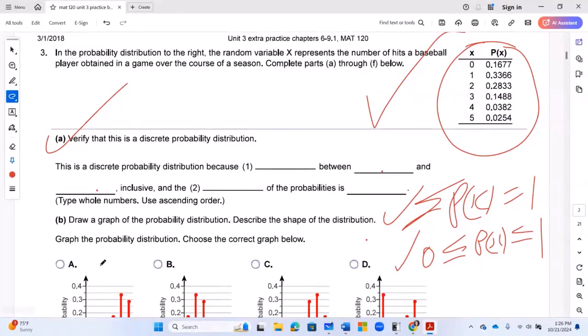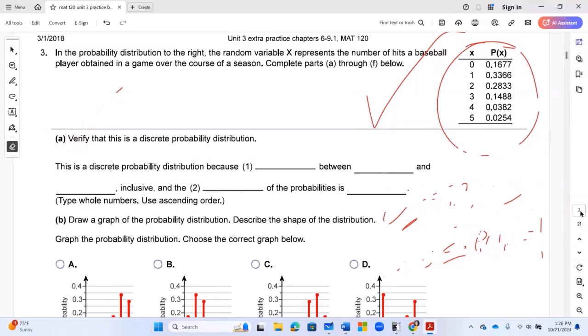Okay, so we can draw the graph of the distribution. So let's go ahead and draw the graph of the distribution. I can round up to 1 decimal point and graph it. But let me see if I can graph it using what I have here.